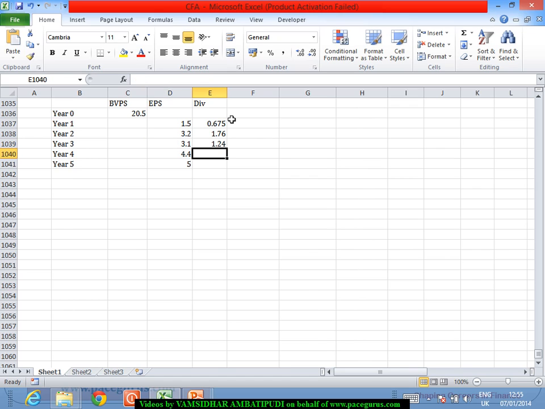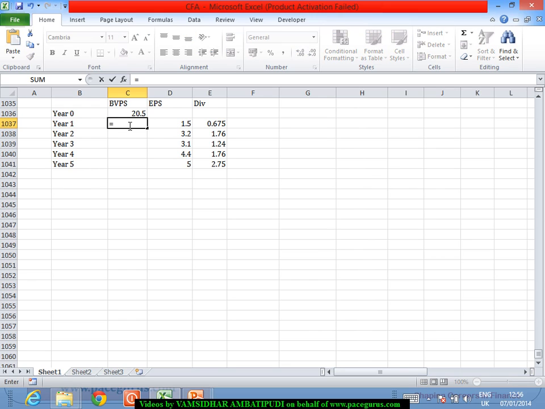The fourth year also I am taking 40% as the dividend, and in the fifth year I am taking 55% as the dividend. Because EPS minus the dividend is what is going to add up to the book value per share, right? Out of the EPS, whatever the dividend is going to go off, the rest is what is going to add up to the book value per share.